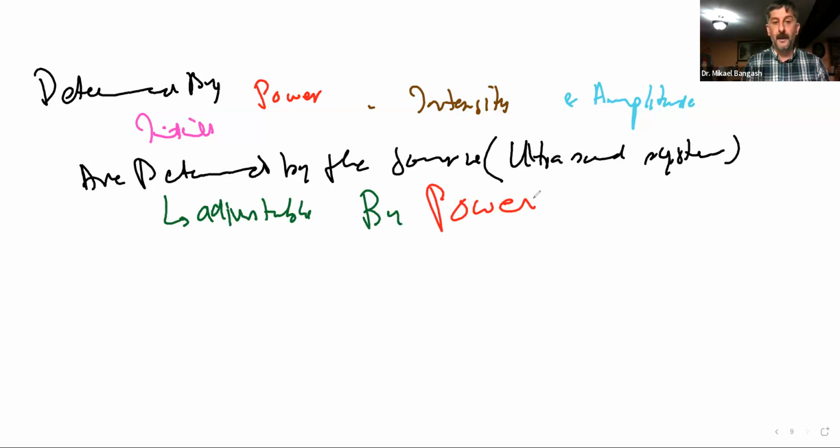Clear. But we mainly said that if we increase the power, which means we increase the amount of energy that the sound wave will be carrying, that will cause the intensity of that sound wave to increase.